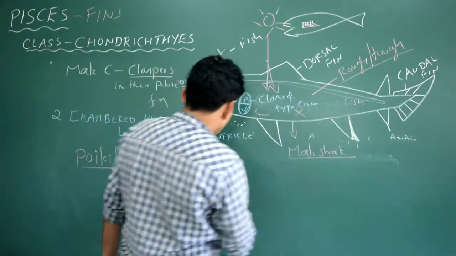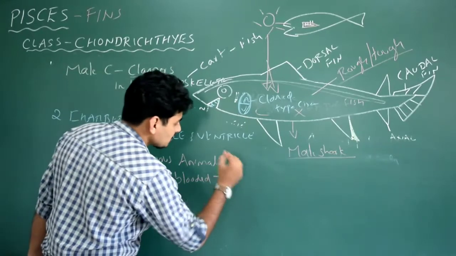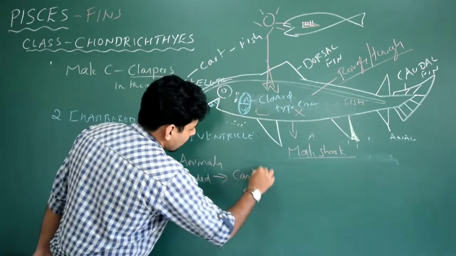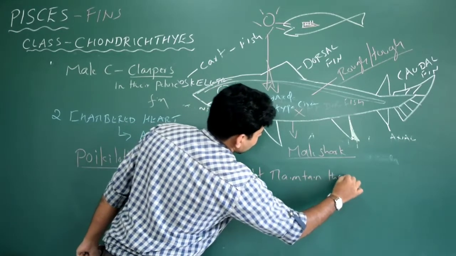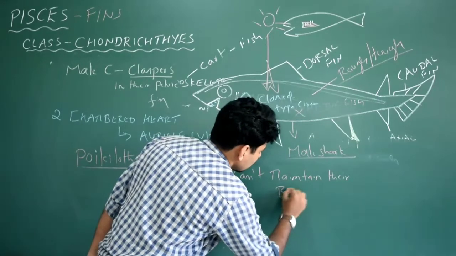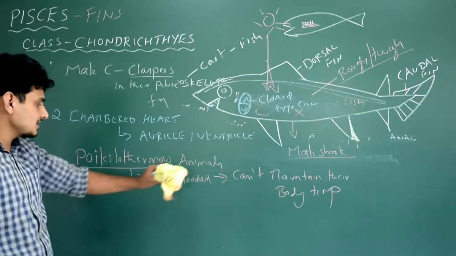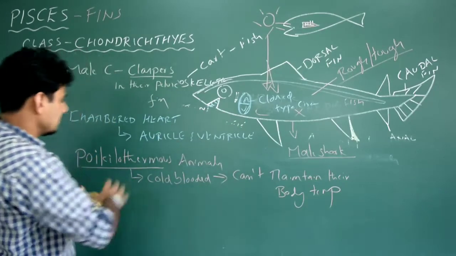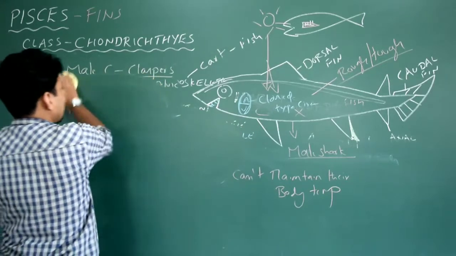That means they cannot maintain their body temperature. So please write this: cold-blooded means the organism cannot maintain its body temperature like us, like human beings. Okay, so this is the thing. Poikilothermous animals done. The next thing is some examples.